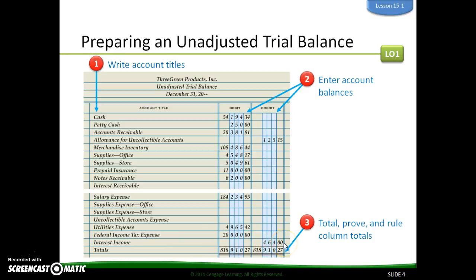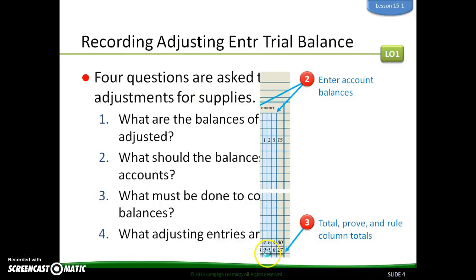And then I'm going to prove, so I'm going to make sure that this is going to be equal to this. And then I'm going to go ahead and rule the total columns so that you can see that my debits equal my credits. And once I know that they're equal, then I add the double line at the bottom.